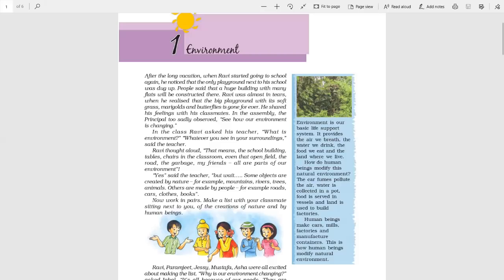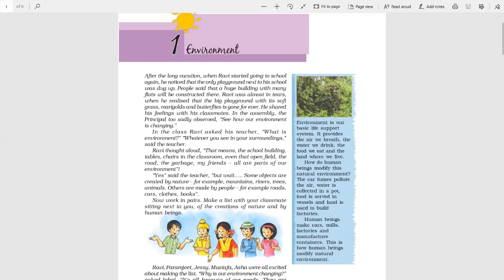In the class, Ravi asked his teacher, "What is environment?" "Whatever you see in your surroundings," said the teacher. Ravi thought aloud, "That means the school building, tables, chairs in the classroom, even that open field, the road, the garbage, my friend, all are part of our environment."